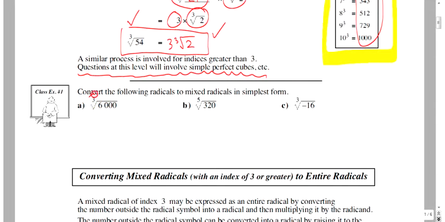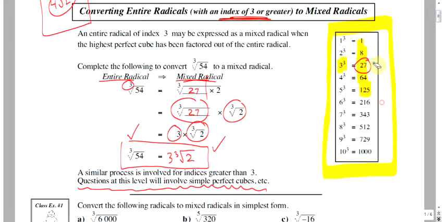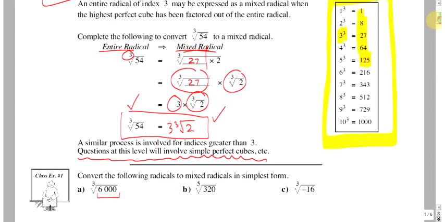All right, cubed root. Always got to look here. Right? Might be cubed, might be squared. You got to look there first. I need to find a perfect cube in 6,000. All right? Look on our table. Do you see a number that goes into 6,000? Way down here. Ooh, that would be nice.